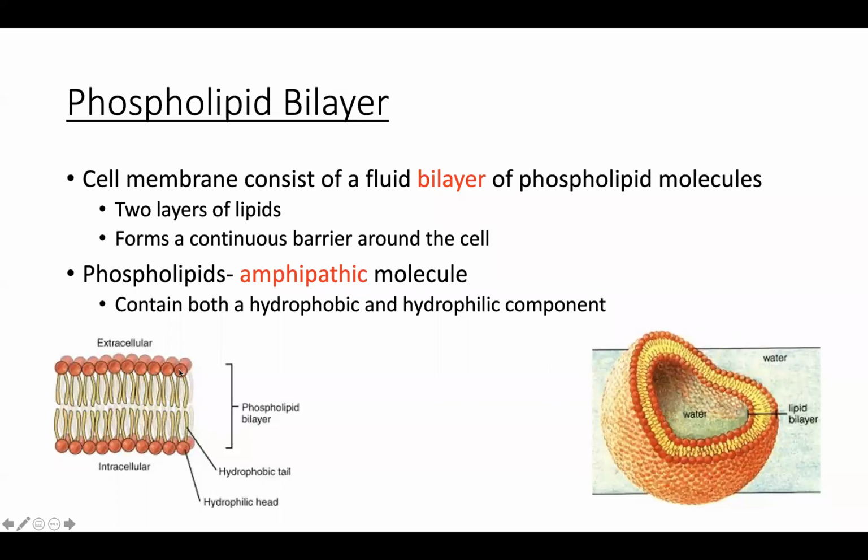So you've got a head region and a tail region on the phospholipid. The heads are polar, they're hydrophilic. The head regions are the regions of the molecule that interact with water. The tail regions are going to be hydrophobic. They're going to be buried on the inside of this lipid bilayer, tucked away from water.